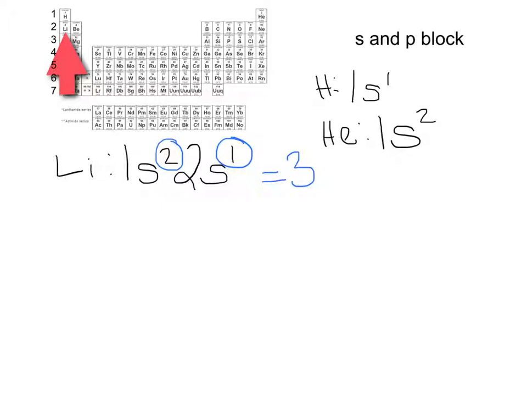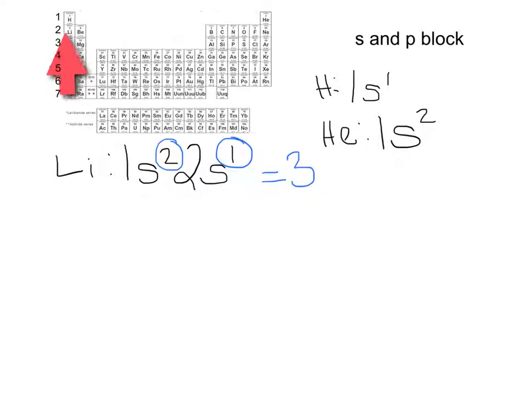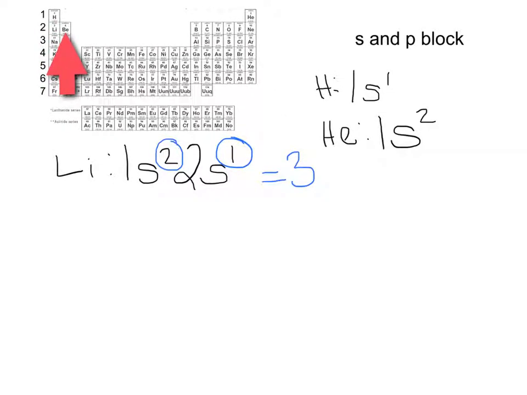We're going to keep going. So why don't we do beryllium, B-E. So beryllium, I need to start here. I need to read across my first line, so I need a 1s2.